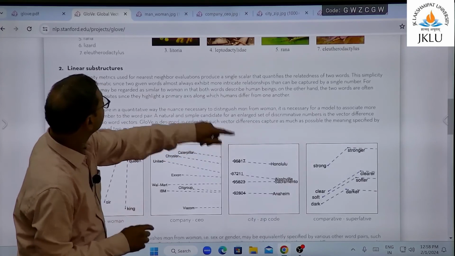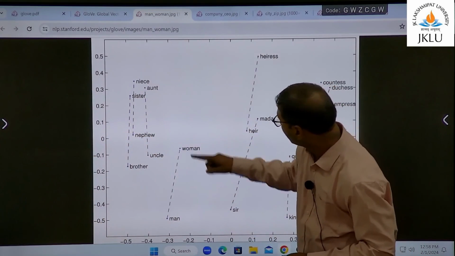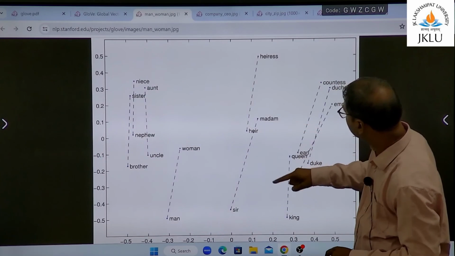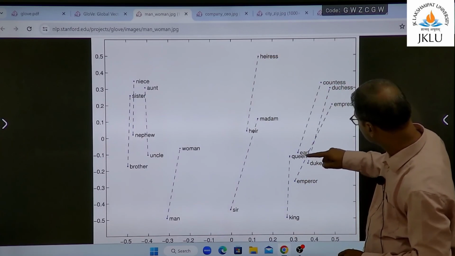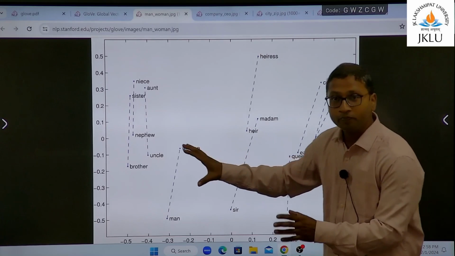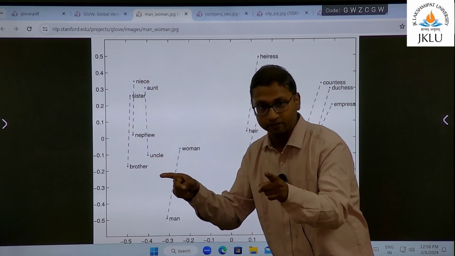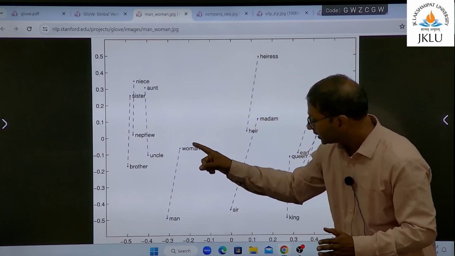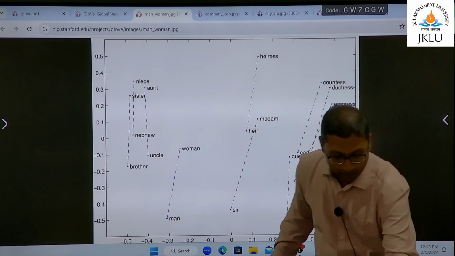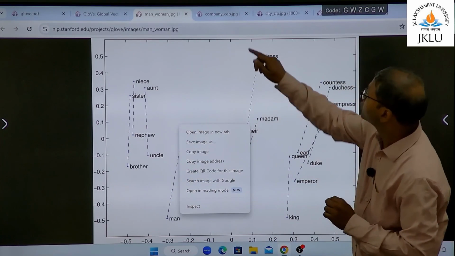Now these figures we have: man, woman, sir, madam, heir, heiress, queen, king, emperor, empress. So you don't care what the exact vector is. What you care about is that these linear relationships should make sense.